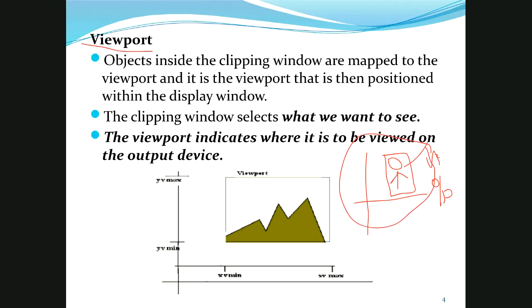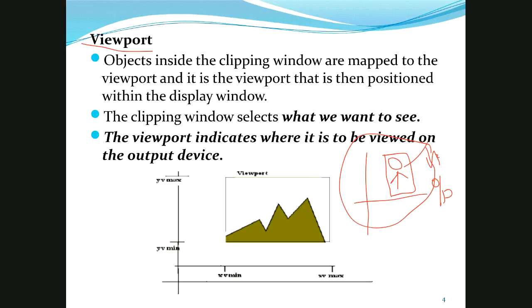Same as we saw before, the full picture is also present in the x and y plane, and the cut portion that we want to see, that window also, we can save in the x and y plane. This viewport portion can be viewed in the output devices.